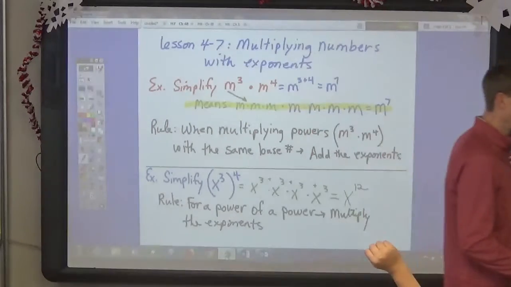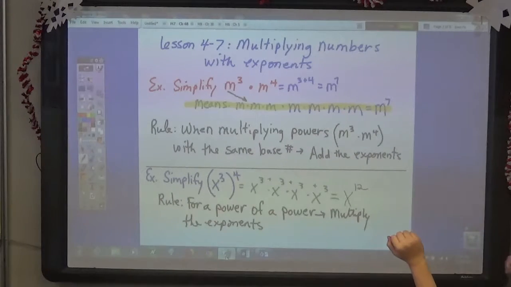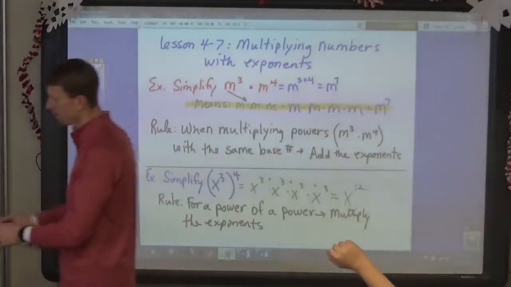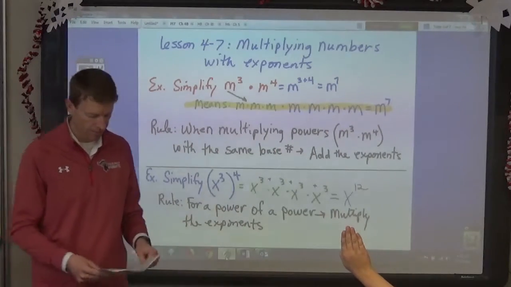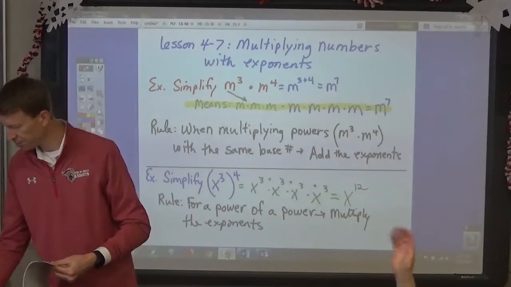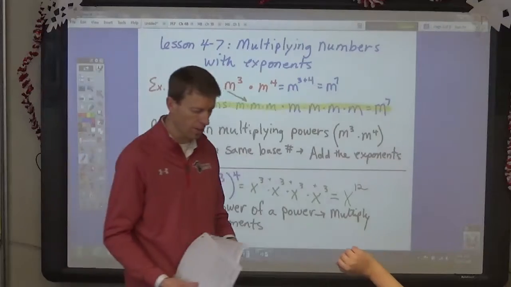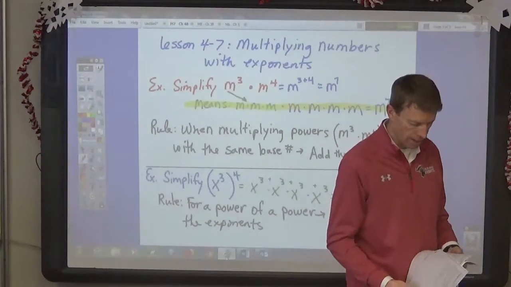Sometimes it'll ask for it in expanded form, just so that you're demonstrating that you understand. Sometimes not. In the first section of your worksheet, it is to write it out.